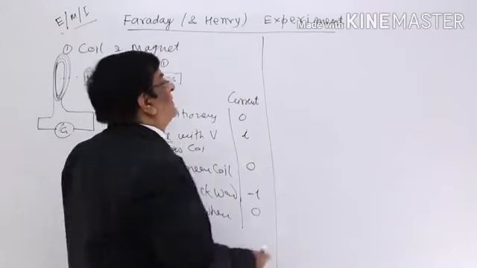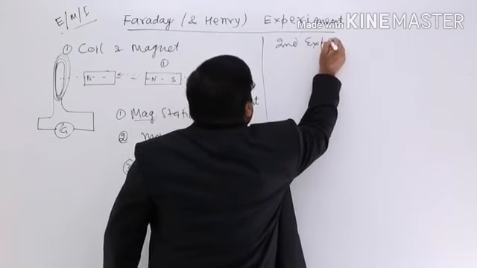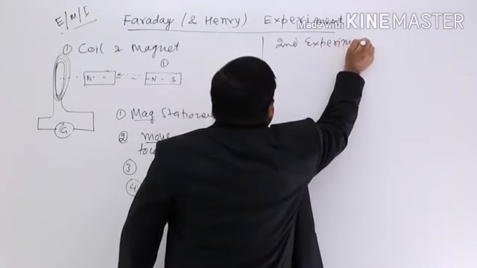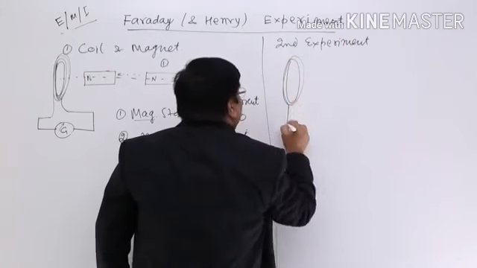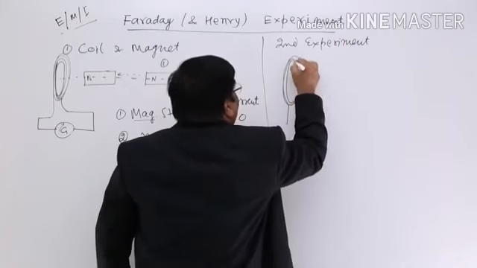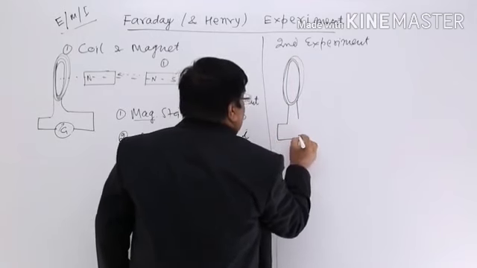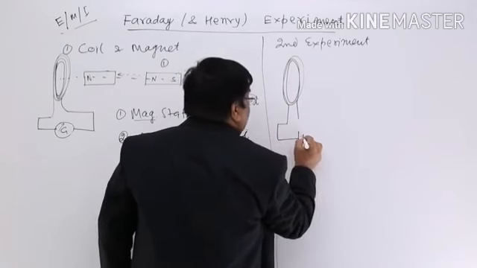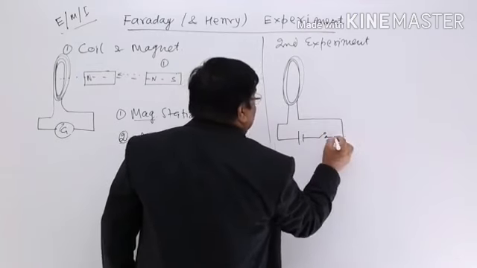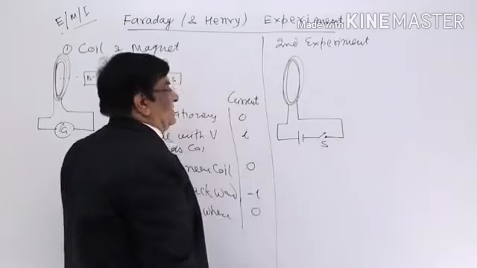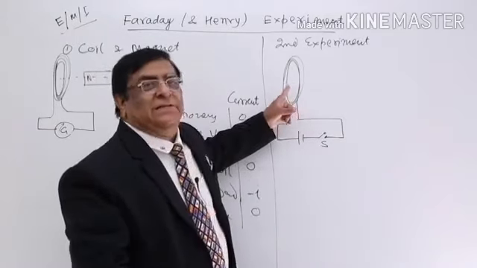The second part of the experiment was this. There is a coil here, and with this coil a power source like a battery is attached and there is a switch. If we want, we can generate electricity in this.